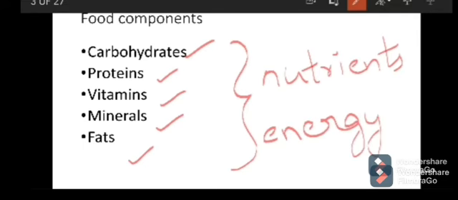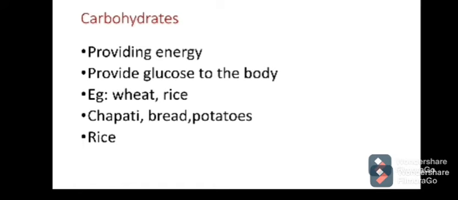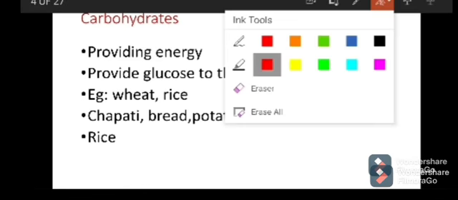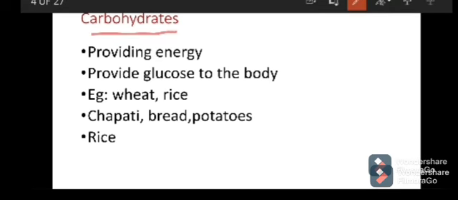Now we are going to discuss our first nutrient, that is carbohydrates. Why are carbohydrates important to our body? Carbohydrates provide energy to our body, and they also provide glucose.